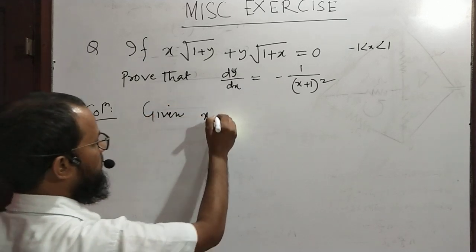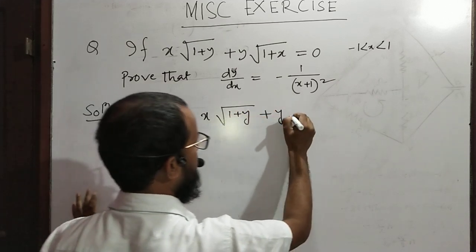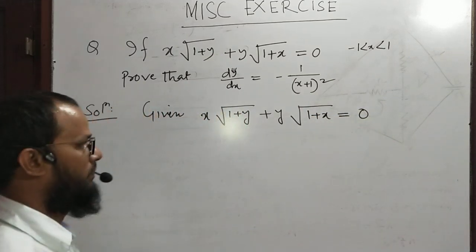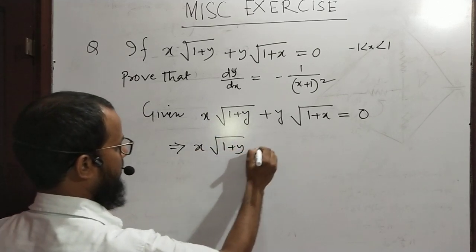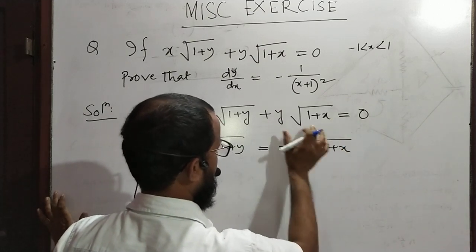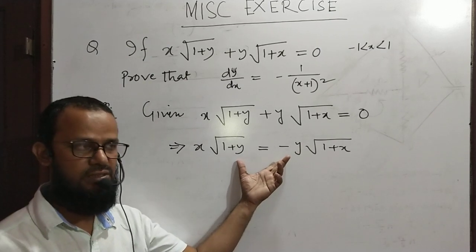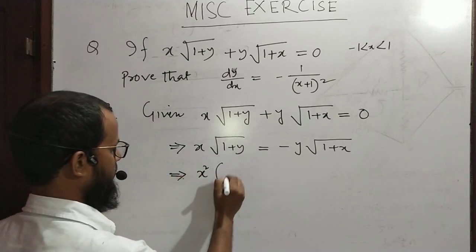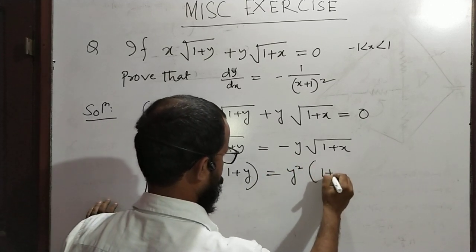Given x into root over 1 plus y plus y into root over 1 plus x equal to 0. From here you can write x into root over 1 plus y equal to minus y into root over 1 plus x; this term we bring to the right hand side. Now squaring both sides, you get x square into 1 plus y equal to y square into 1 plus x.